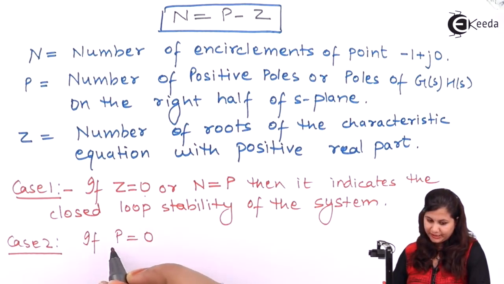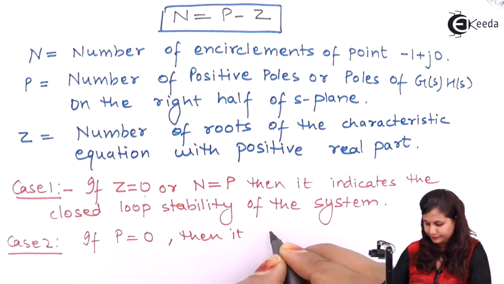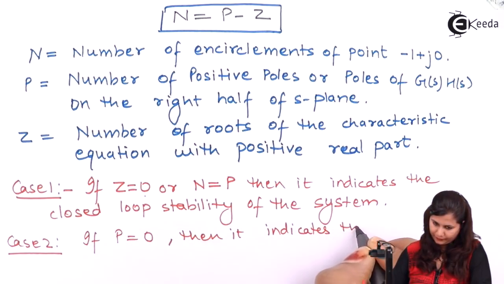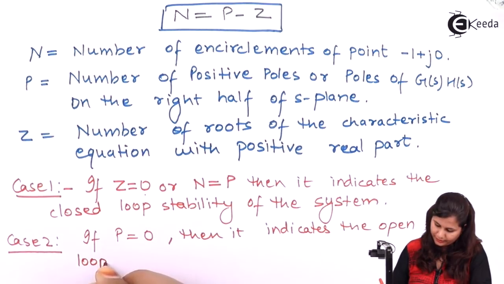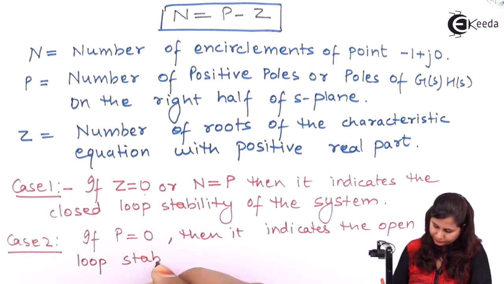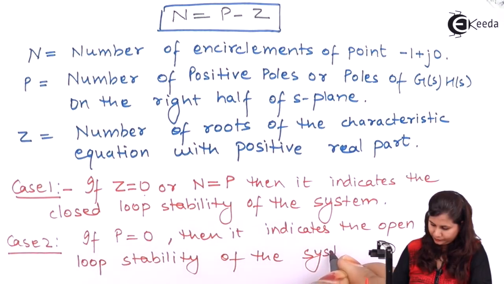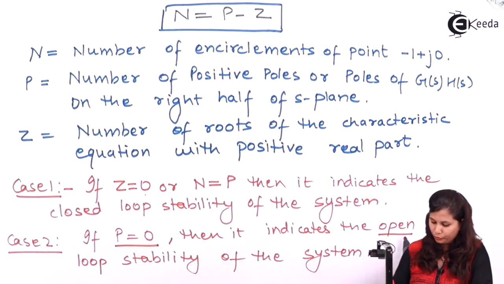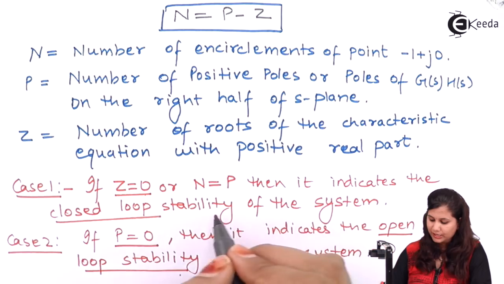So if P is equal to 0, then it indicates the open loop stability of the system. So if P is equal to 0, then open loop is stable, and if Z is equal to 0, then the closed loop system is stable.